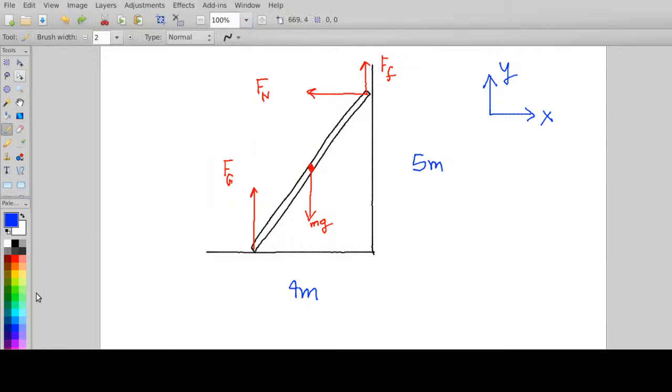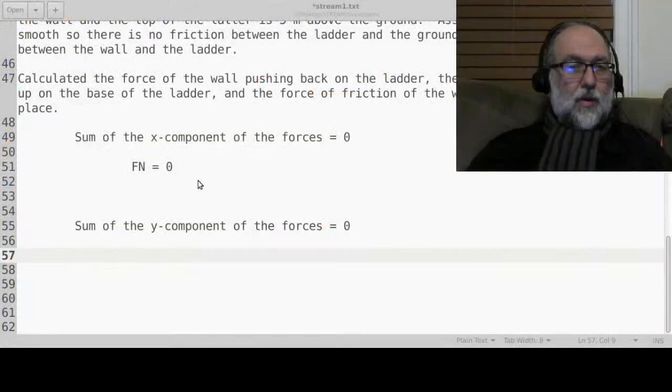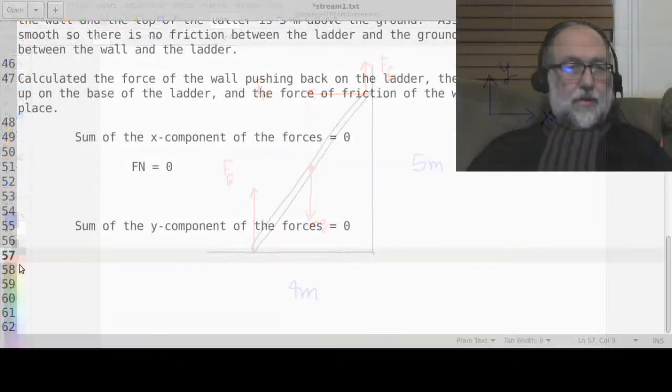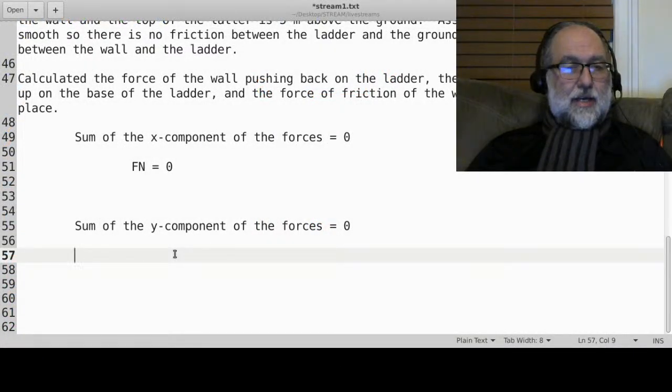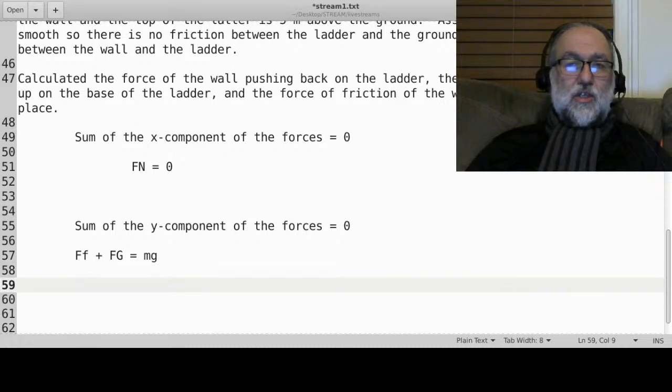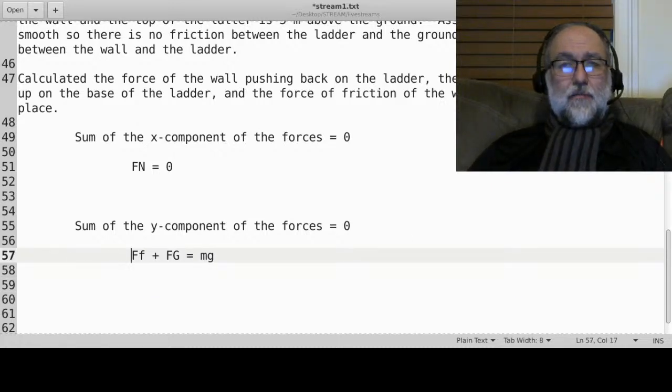So what do we have? FF up and FG up and mg down. So the frictional force is up, plus the force due to gravity, the ground is up, and that has to balance mg, which is the weight of the ladder.